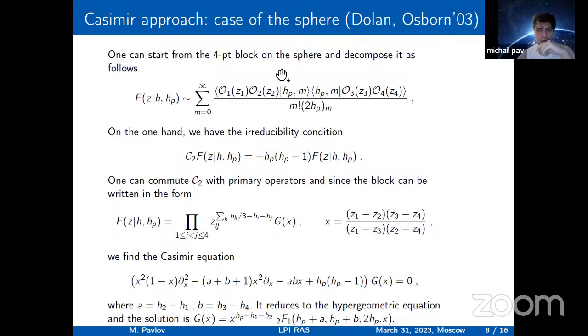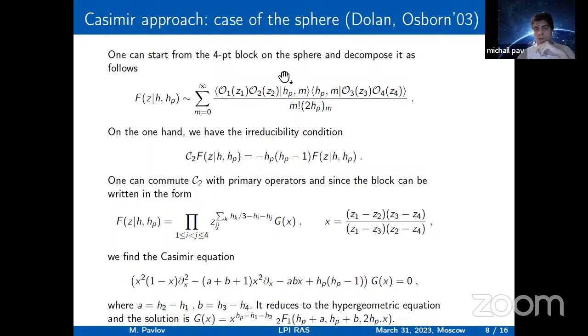So basically, we are doing the following. We have a Casimir operator in our algebra, which is a known operator. So we can put this Casimir operator into this bracket in order to have the eigenvalue of this Casimir operator.